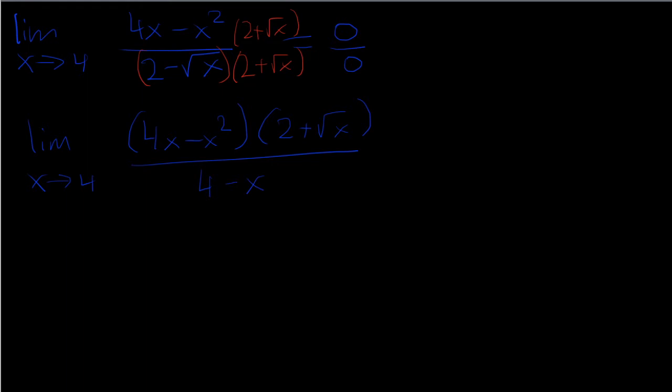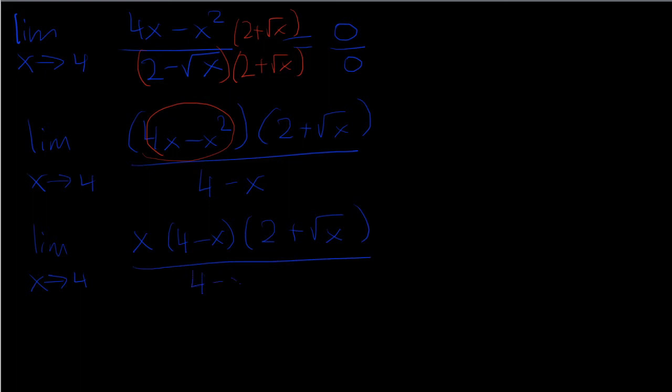I'm going to go one step further and factor the 4x minus x squared. As x approaches 4, I can pull out an x and I'm left with 4 minus x times 2 plus root x, all over 4 minus x.